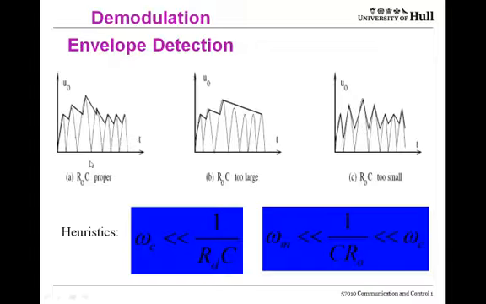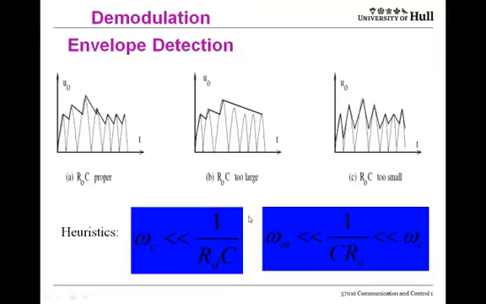So this is where you choose the time constant of the resistor and capacitor to be about right. If it's too large, then the decay isn't fast enough to track the amplitude as it gets smaller, and you'll distort your signal. If this time constant is too small, then the decay is too fast and you don't do much demodulation. You see that there's still a high frequency component at the carrier frequency here.